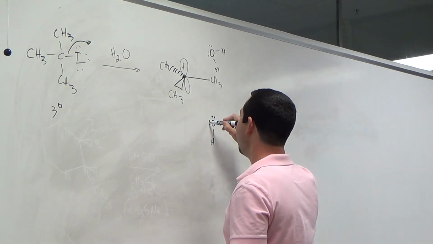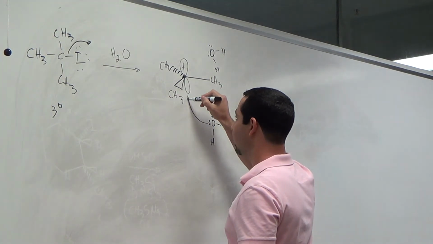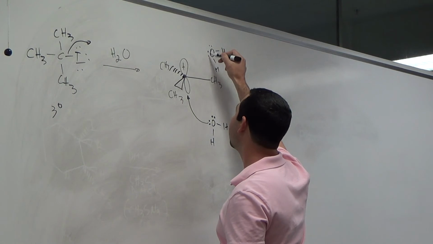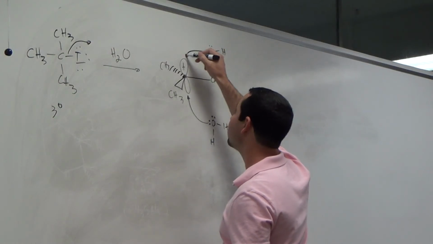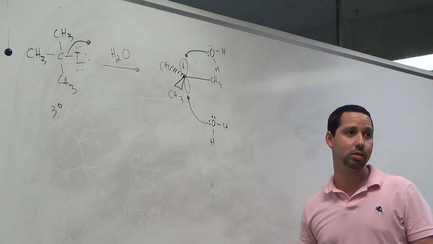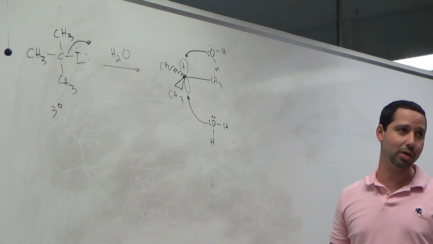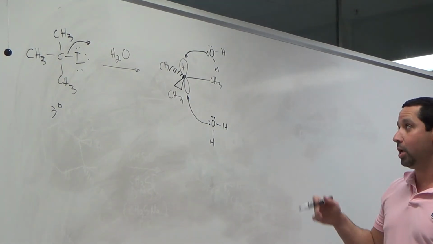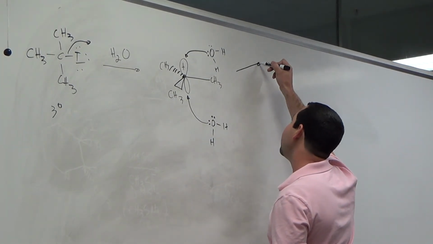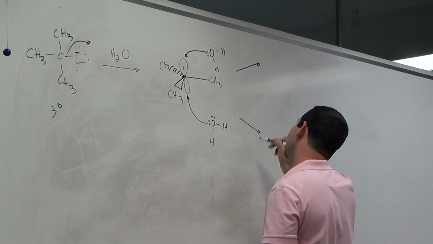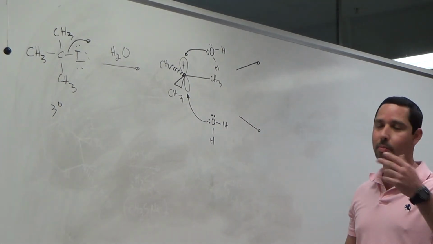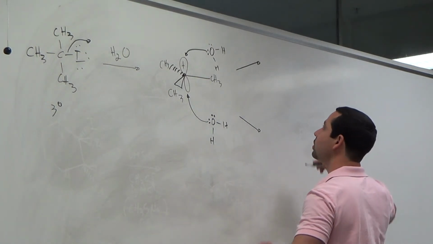You can either attack with the lone pair from the bottom, or you can attack from the top. Which one do you like better? The top? It does 50-50. It doesn't really care. It's gonna do the same amount of times one, same amount of times the other. Actually, that's not true, but most of the time.